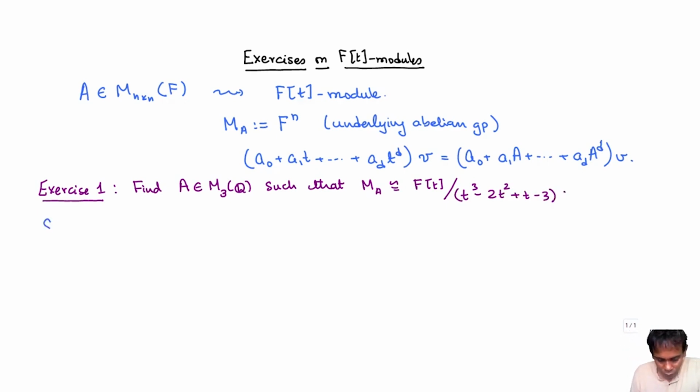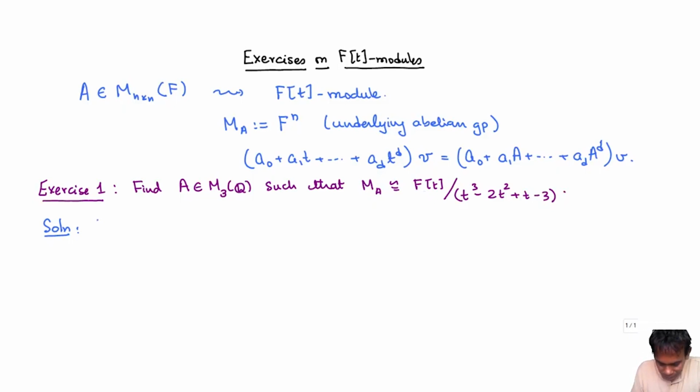So there are many ways to solve this problem. What you have to do is pick a basis for this module, and then the matrix will just be however t acts with respect to that basis.